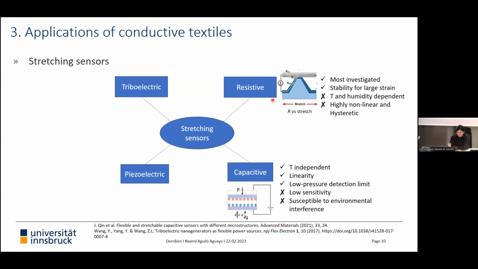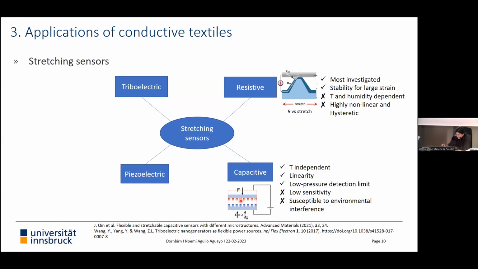And the other principle is capacitive stretching sensors. So we measure the difference in capacitance when we apply a force, a strain. Here how it works is that we have two electrodes, so two conductive textiles, two conductive structures. In the middle, there is a dielectric, a non-conductive material. When we apply some voltage, there will be some charges separated between these two electrodes.